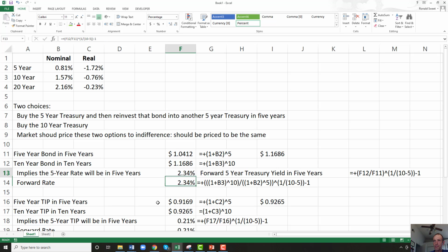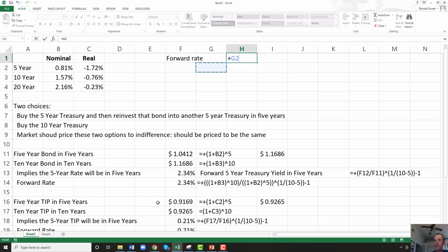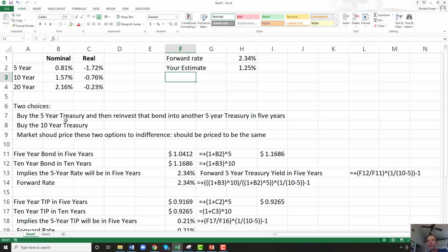So if you disagree, the forward rate is 2.34%, and your estimate, let's say, is 1.25%. What could you do? Well, the 10-year is going to be the much better investment, in your opinion. Why?